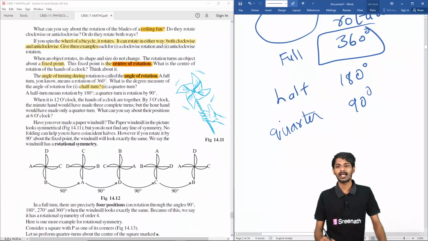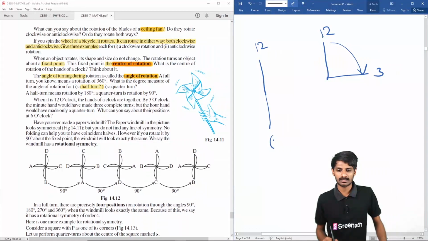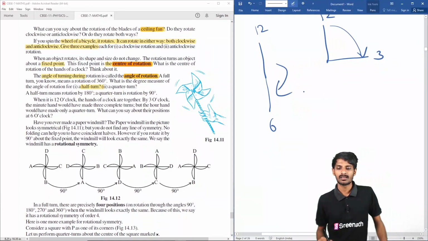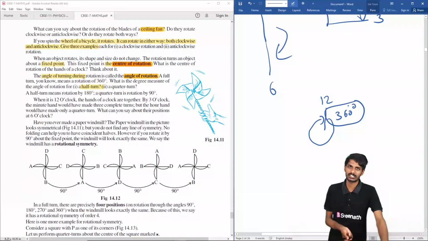Now look at the hand. Suppose there is an hour's hand at 12 and it comes to the 3. How much angle has it rotated? Another case, the hour's hand is at 2 and it has come to 6. How much angle has it rotated? If it completes one full turn, suppose it is at 12 here and completes one full turn, then the angle of rotation is 360 degrees.